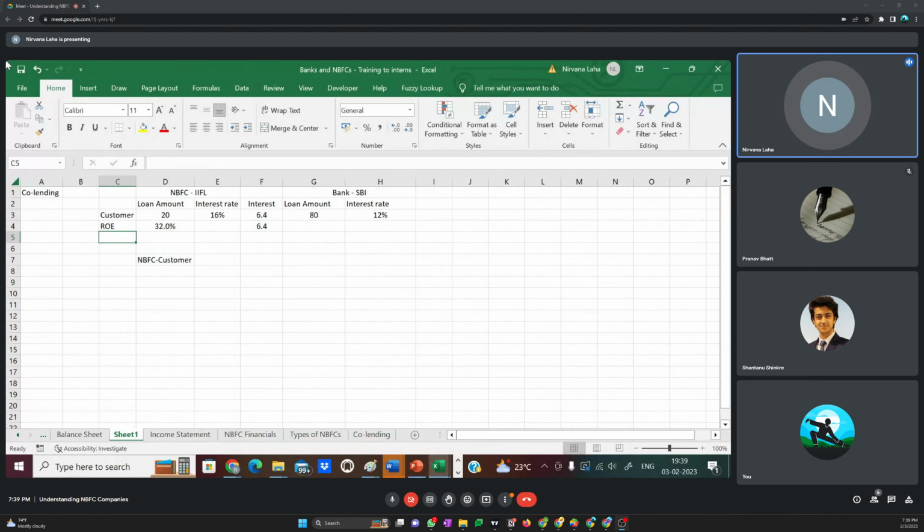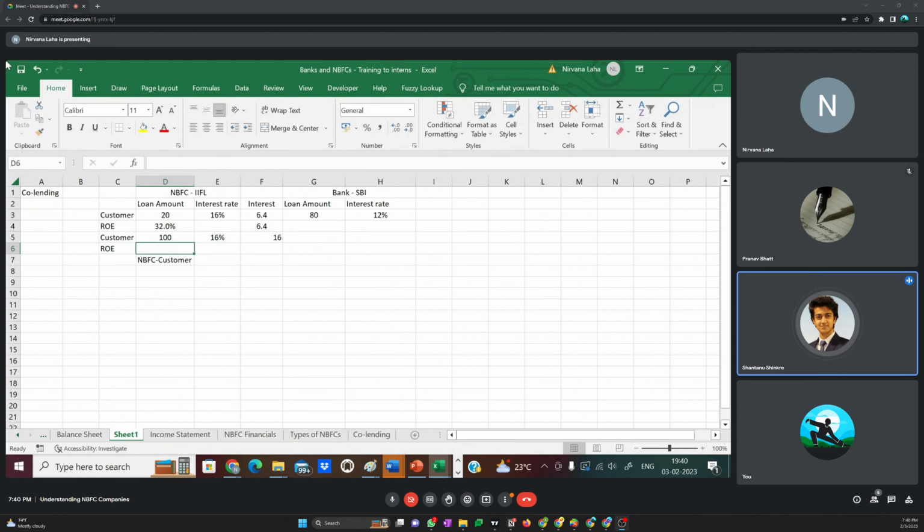Suppose it was not doing this, and it was loaning out 100 and earning a 16% interest rate and keeping the entire loan on its books. How much would be the interest? 16. And how much would be the ROE? 16 by 100, which is 16%. The ROE gets doubled.